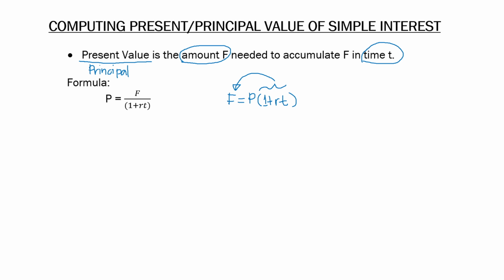So mahimo ning F divided by 1 plus RT is equals to P. Or atong balihon, P is equals to F, future value, divided by 1 plus RT. So nakakuha na ta sa formula ni present value or ni principal. So, let's proceed to the following examples.